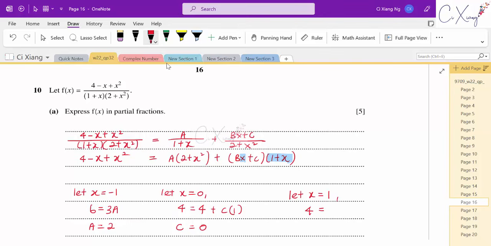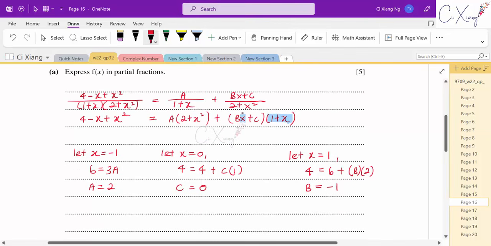Then 2 plus 1, I get 3. 3 times A, which is 2, so 3 times 2, I get 6. 1 times B, I get B. C is 0, so that is nothing. 1 plus 1, I get 2. So B is multiplied with 2 here. If I simplify it, my B is equal to negative 1.